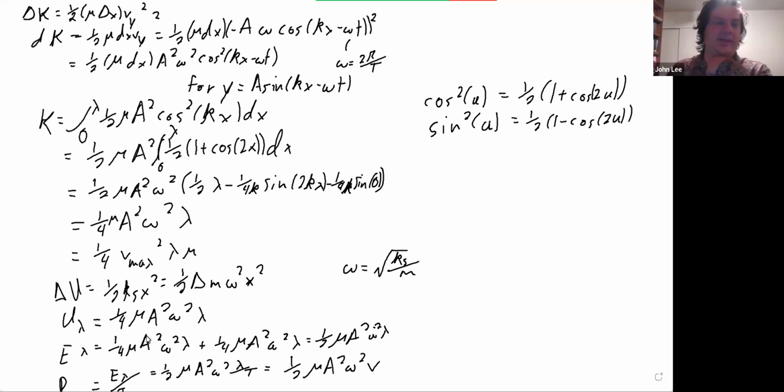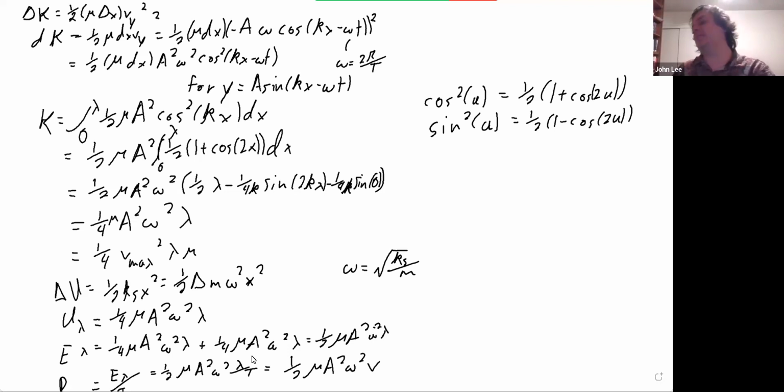So we just plug that in to get ks equals m omega squared, and then U over an entire wavelength is going to be equal to 1/4 mu A squared omega squared times lambda. So E lambda overall is 1/4 mu A squared omega squared lambda plus 1/4 mu A squared omega squared lambda, which is equal to 1/2 mu A squared omega squared lambda.